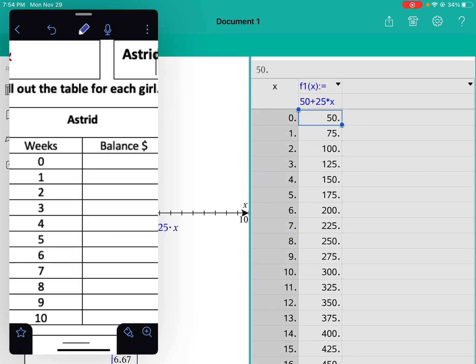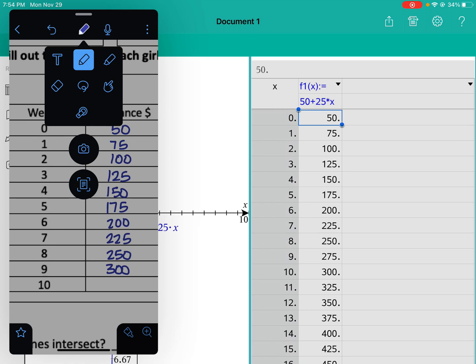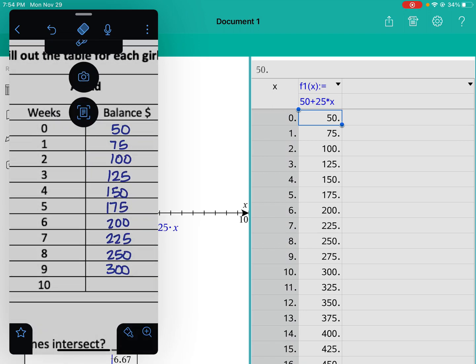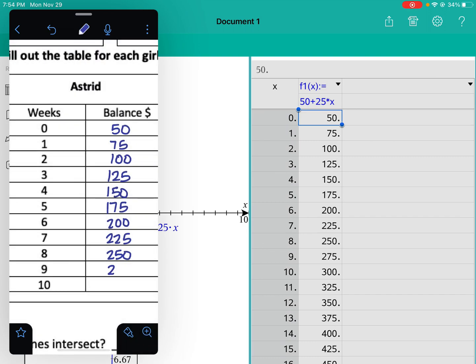Okay, so starting at 0 weeks, she has $50. And then we have 75, 100, 125, 150, 175, 200, 225, 250, oh, I skipped one, 275, and 300.